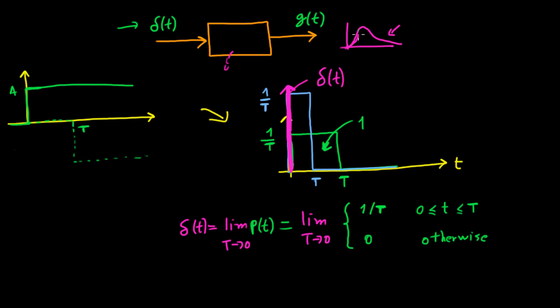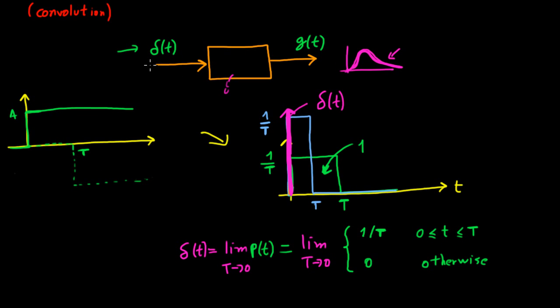Again, this function g of t is all we need to know the response of the system, not only to delta of t, but to any other u of t we can think of, as long as all initial conditions are 0 also in those cases.